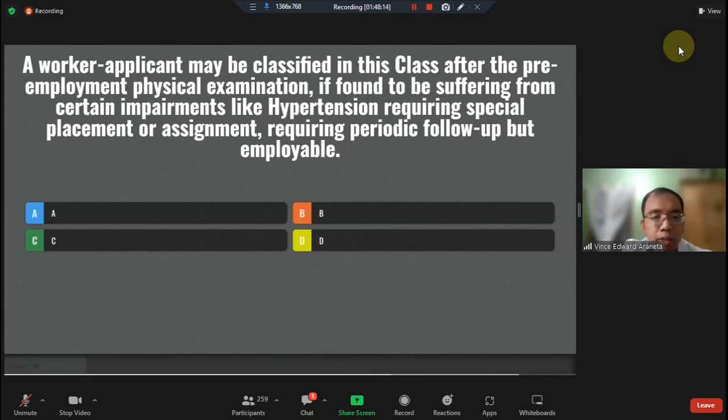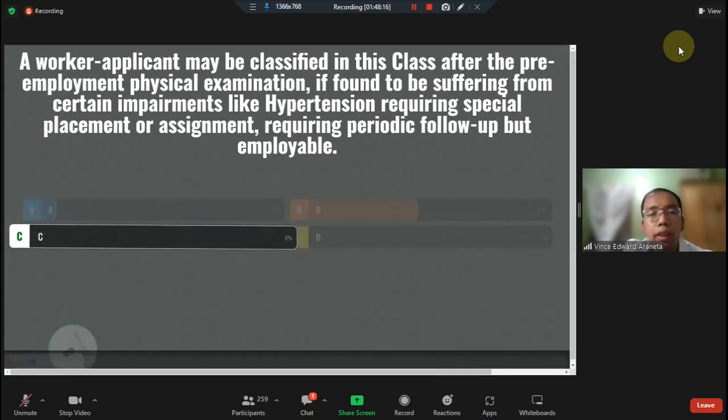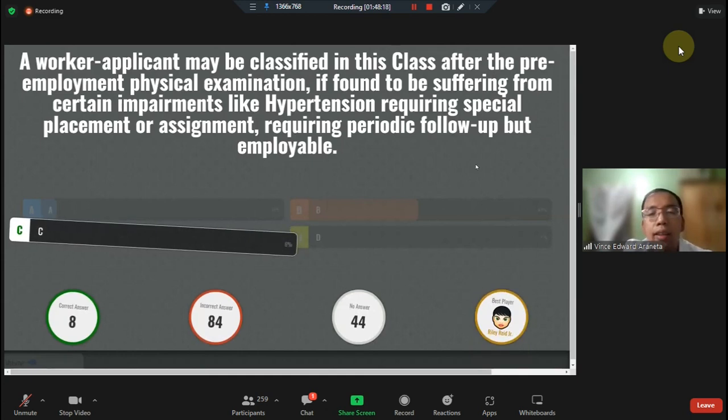Class A, B, C, or D? It's class C. Actually, this is more an occupational medicine concept. The Philippine College of Occupational Medicine is affiliated with the Philippine Academy of Family Physicians, so there might be questions on this.